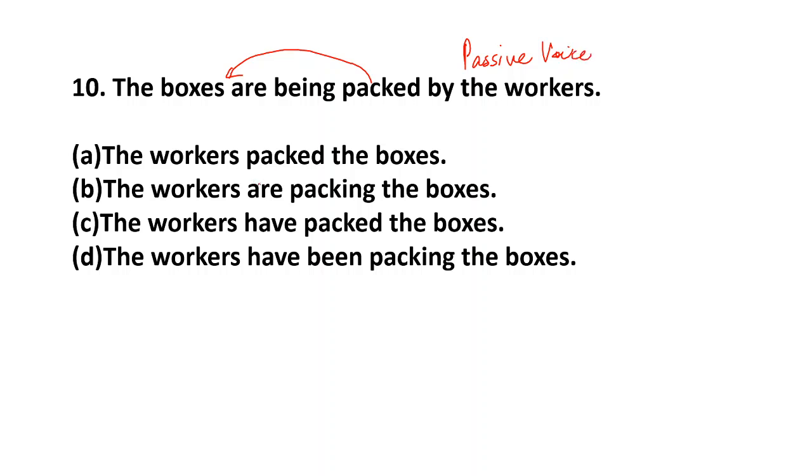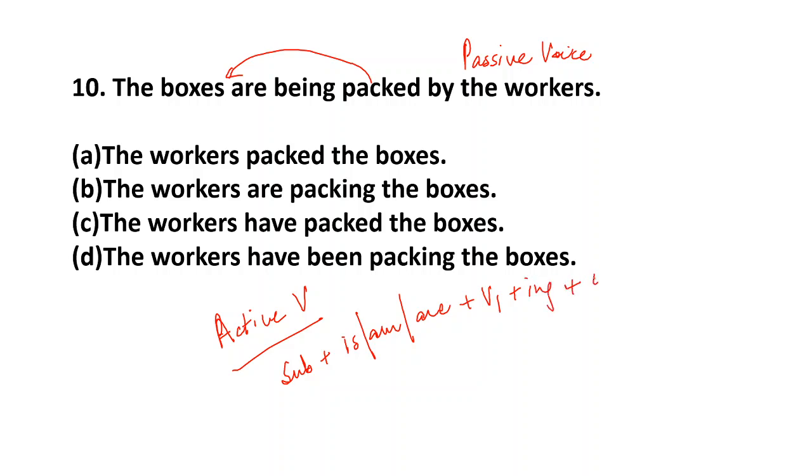We have to change it into active voice. In active voice you put the subject first, then is, am, are, whichever is in the sentence, plus verb one plus ing form, and then the object.